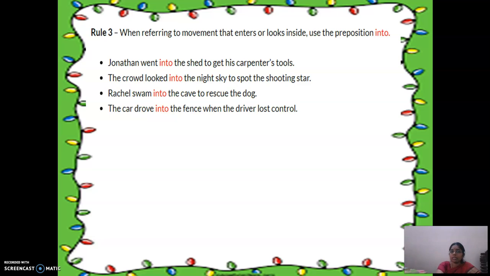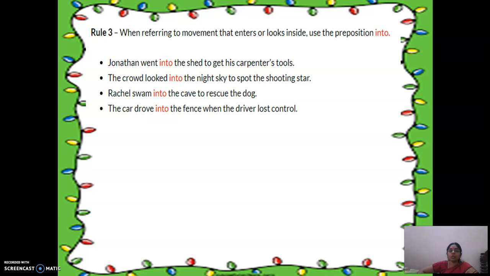And rule number 3: when we are referring to movement that enters or looks inside, we use the preposition into. Jonathan went into the shed to get his carpenter's tools.